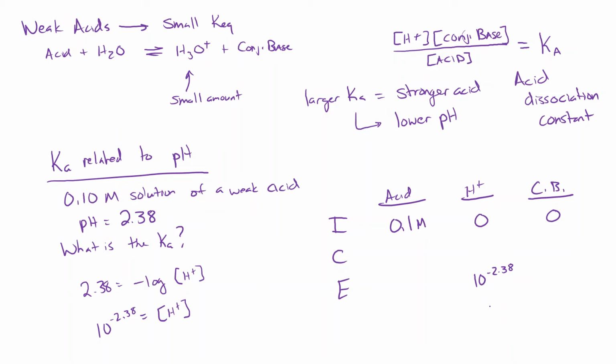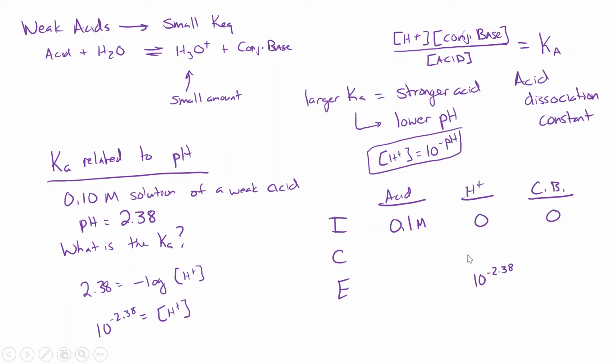So the concentration of H plus in general equals 10 to the negative pH power. So whatever your pH is, that gives you the concentration of H plus in this formula. So this is probably a formula worth remembering as well. It's the same formula as pH equals negative log of H plus, it's just in a different format. Okay. So 10 to the negative 2.38, that's our equilibrium concentration here.